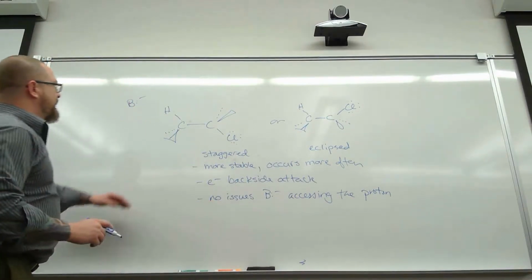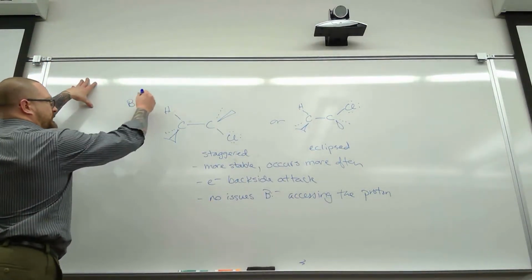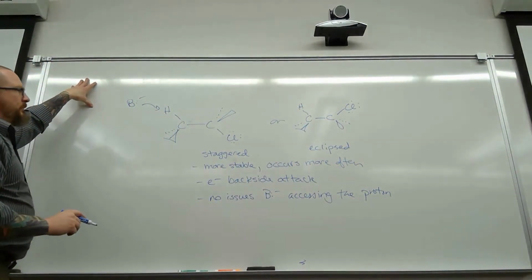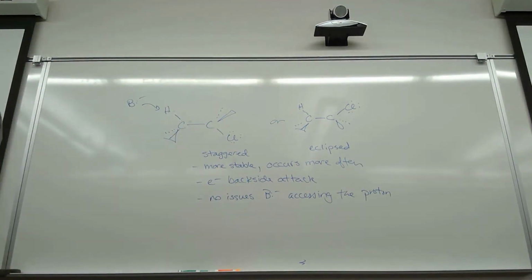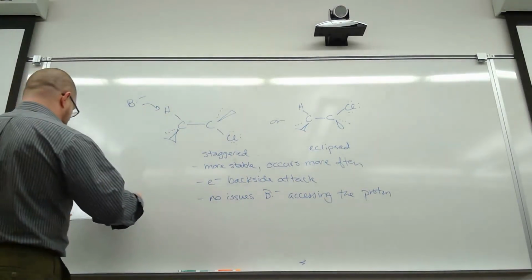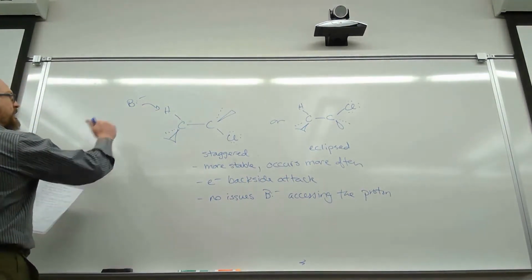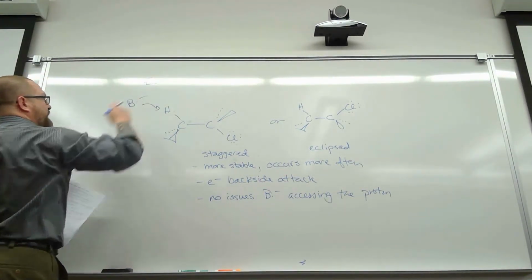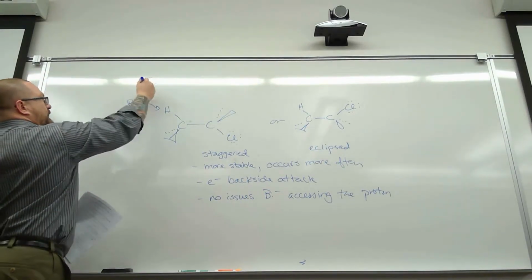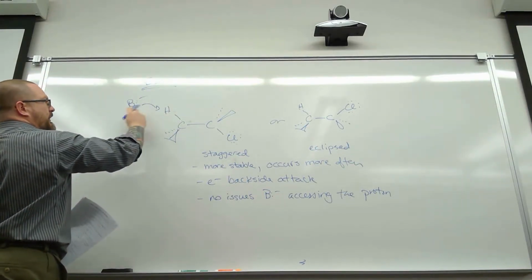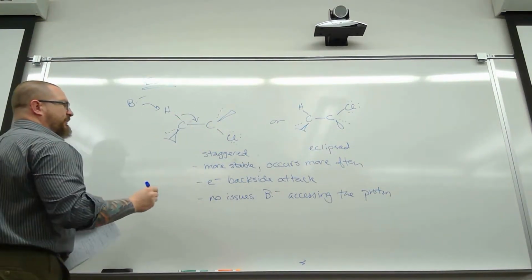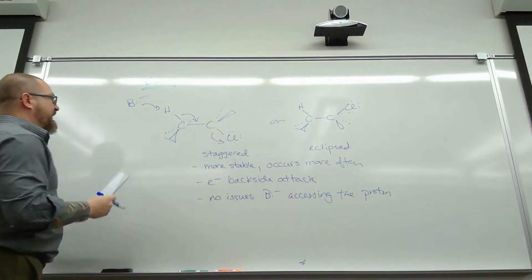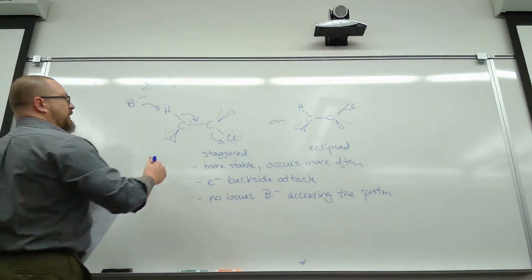So if the base comes in as drawn, we're not going to do the proton first. Well, we could if it was an E2. We'll just start with E2. So as the base comes in, it grabs this proton, pushes the electrons here, takes this off. As drawn, there's no problem here.